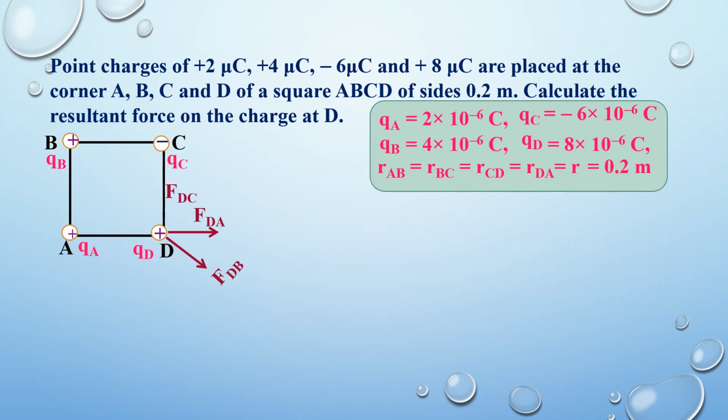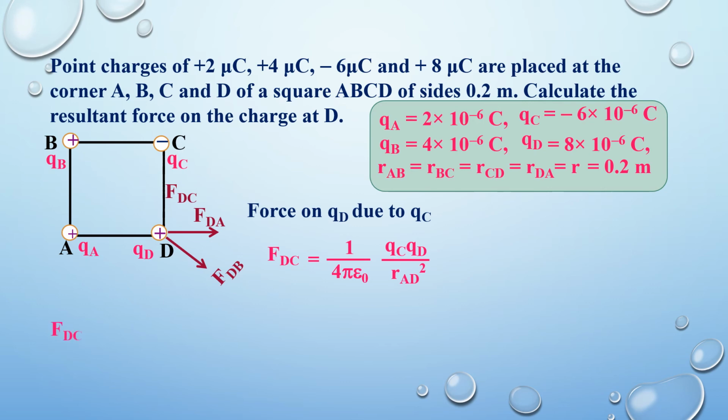Now, once we have calculated these forces, I have to find the force on D due to C. The force on D due to C is FDC, equal to 1 upon 4 pi epsilon naught, charge at point C into charge at point D, upon the square of the distance.